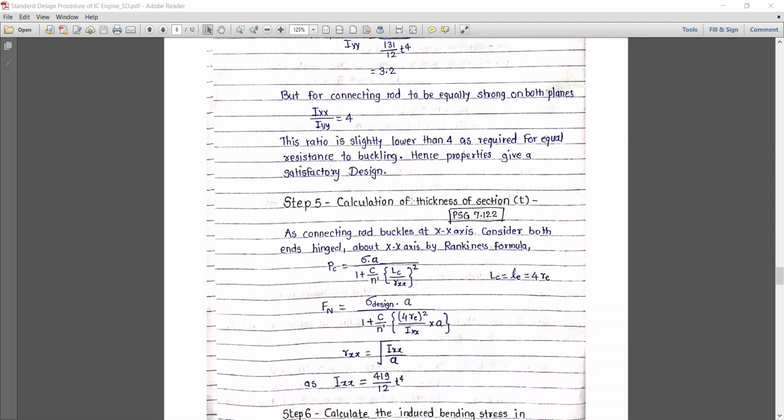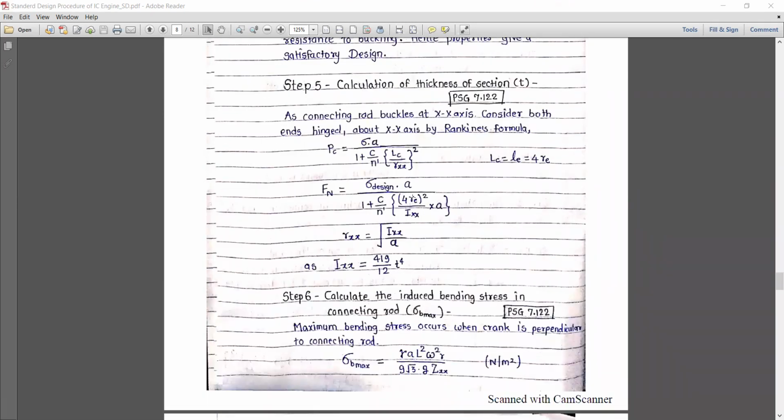But for the connecting rod to be equally strong in both planes, IXX should be equal to 4 IYY. So that is the basic explanation you must write in the examination.